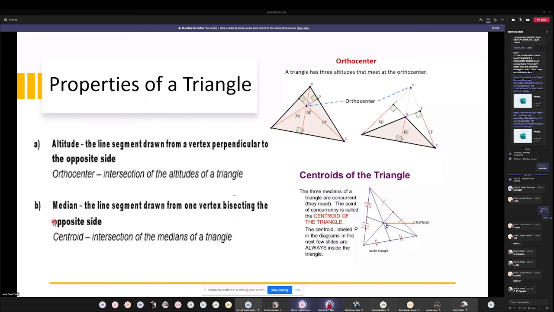What's important is that it bisects the opposite side. So if we have, let's say, this side here, we need to bisect this. So meaning if these are the two halves, let me use a highlighter for a moment.